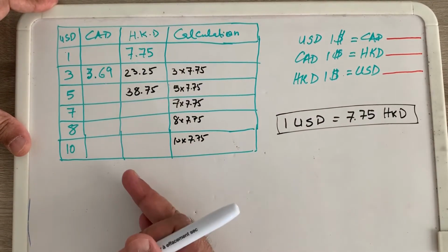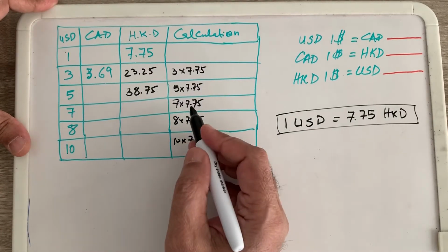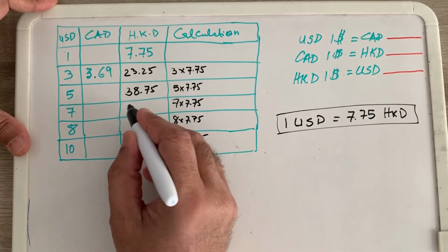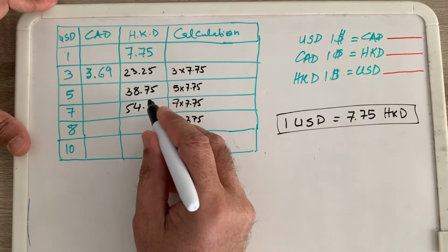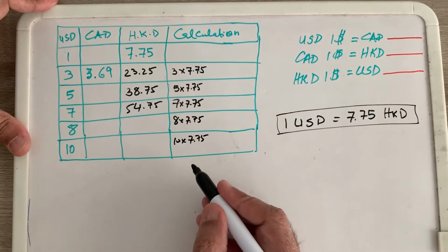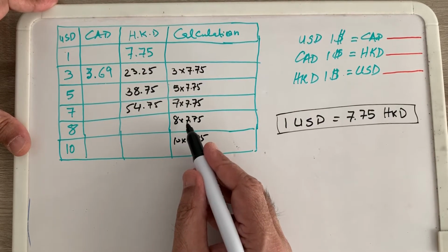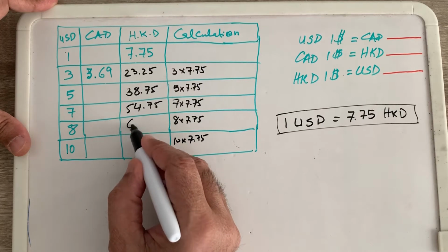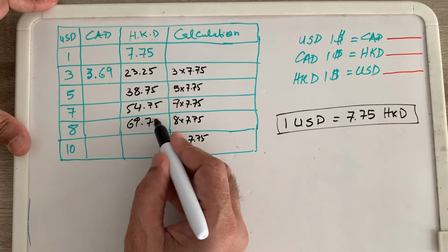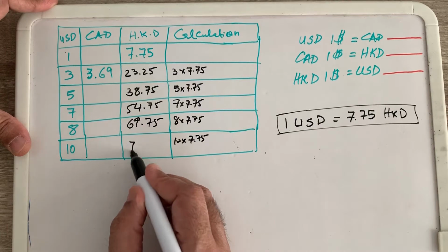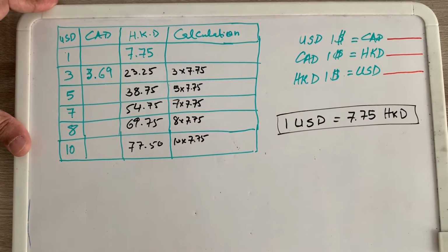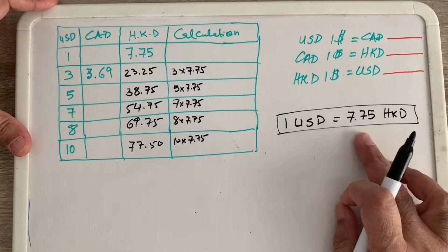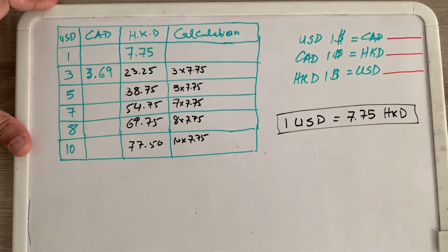So you have all those values. 7 times 7.75 is 54.25, 8 times 7.75 is 62, and then this one is straight, 77.50. So these are my HKDs in terms of USD, because the multiplying factor is 7.75.